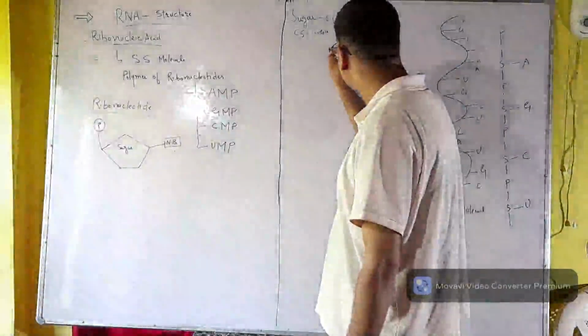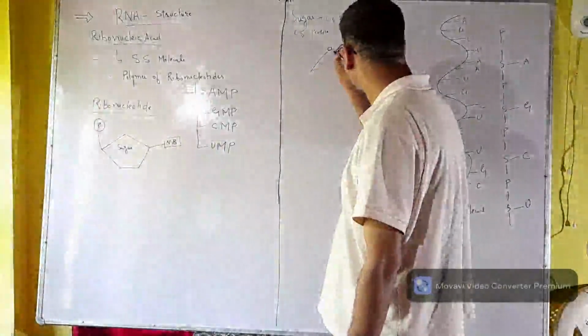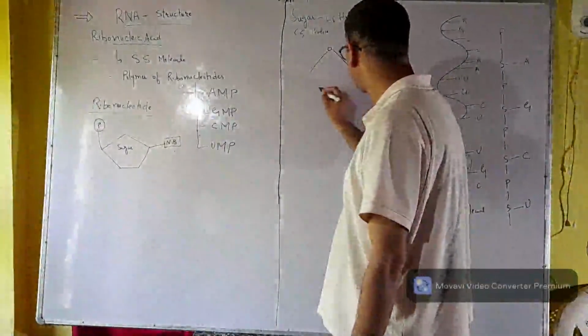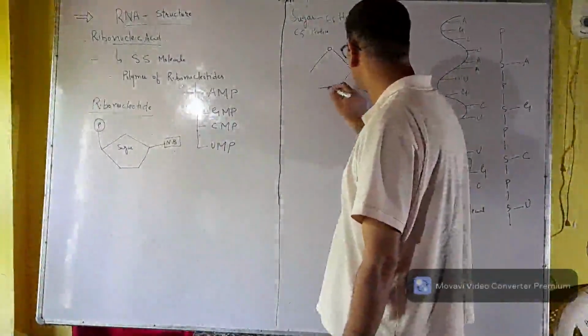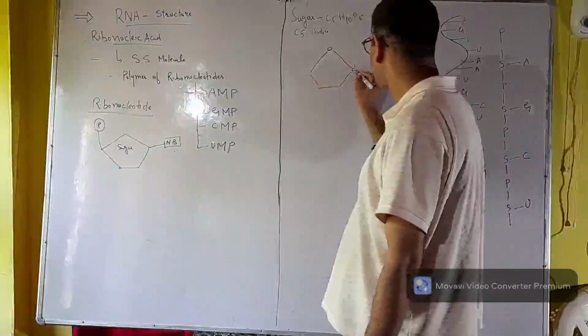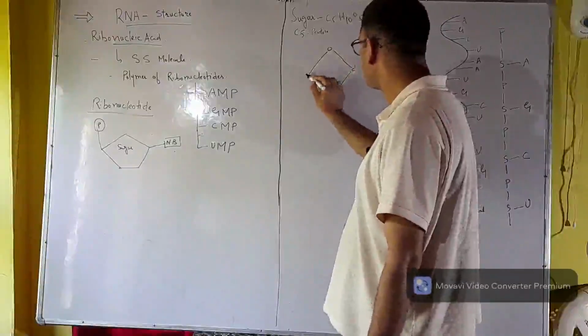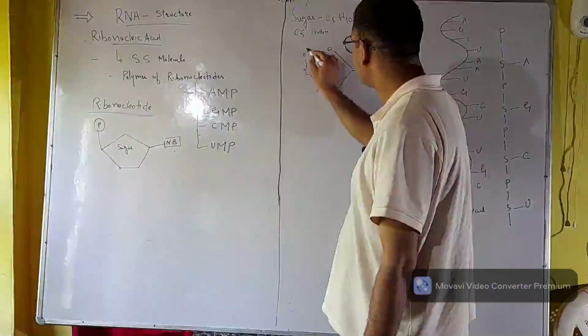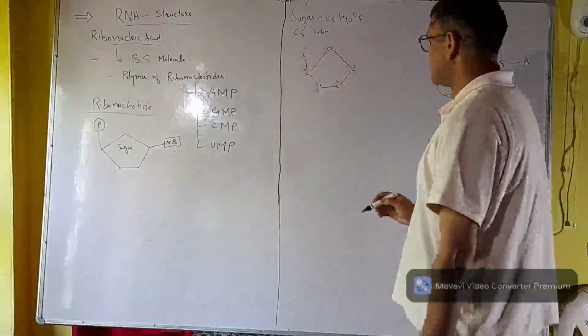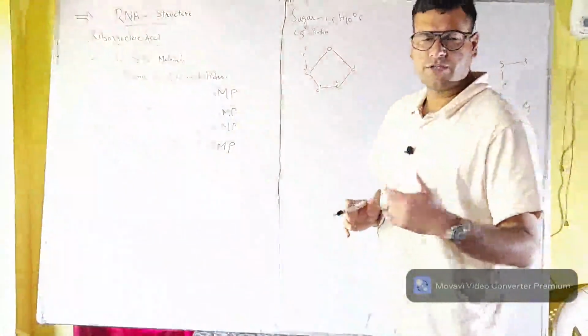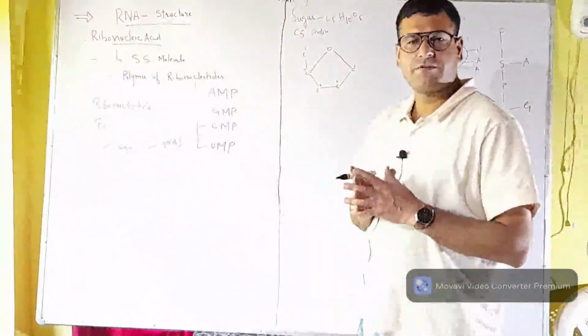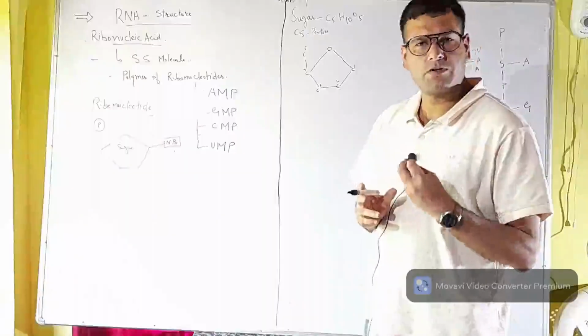So we can draw the structure like this. It has 5 carbon atoms. This is carbon number first, carbon number second, carbon number third, carbon number fourth, and this is carbon number fifth. Now we have to satisfy the valency of carbon. Carbon is always tetravalent.